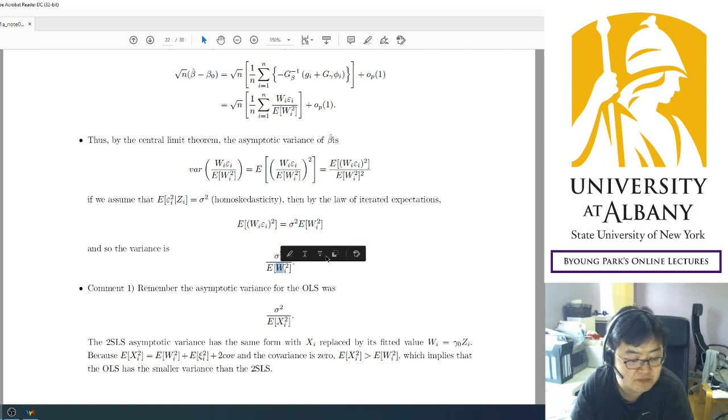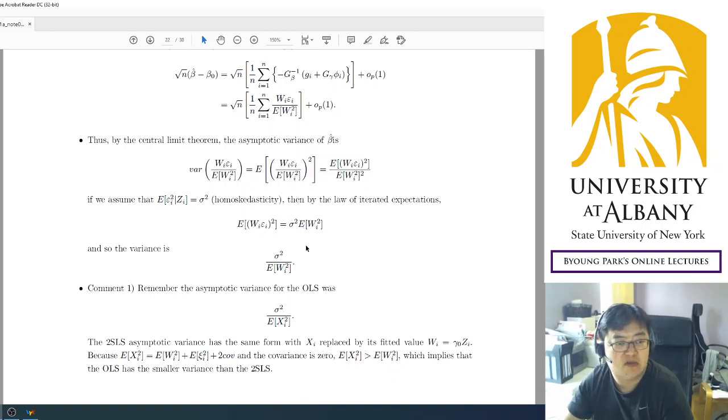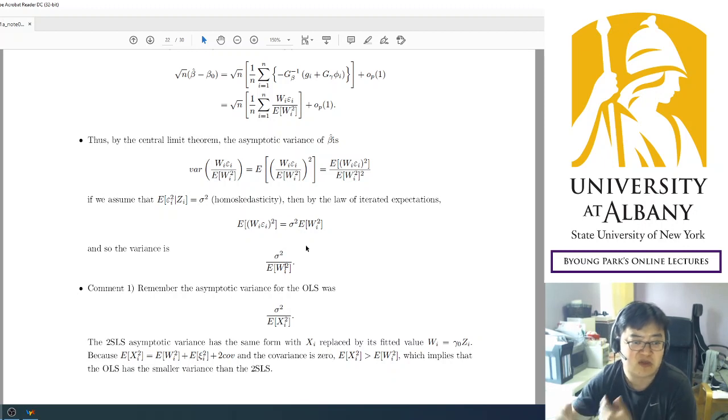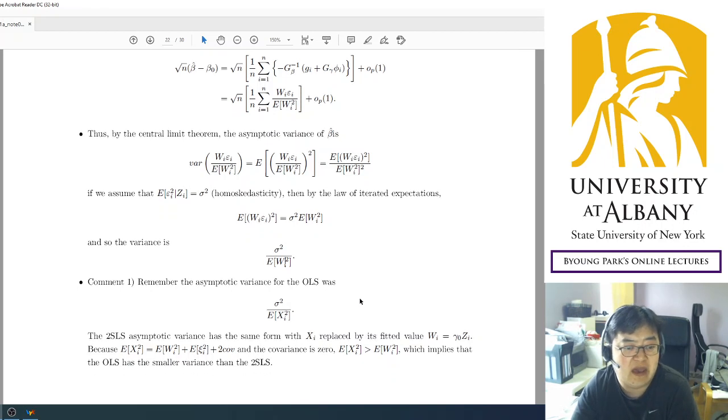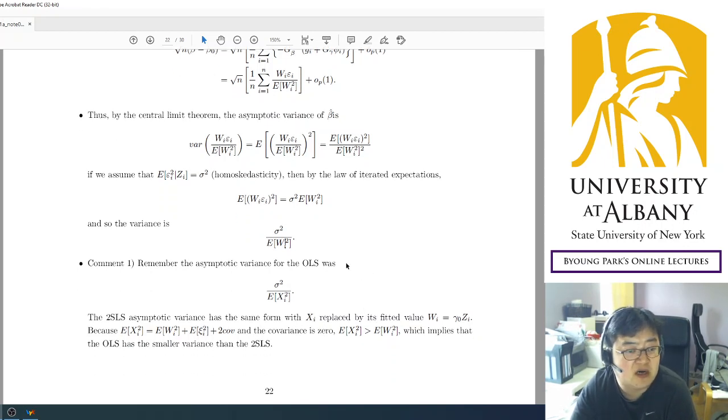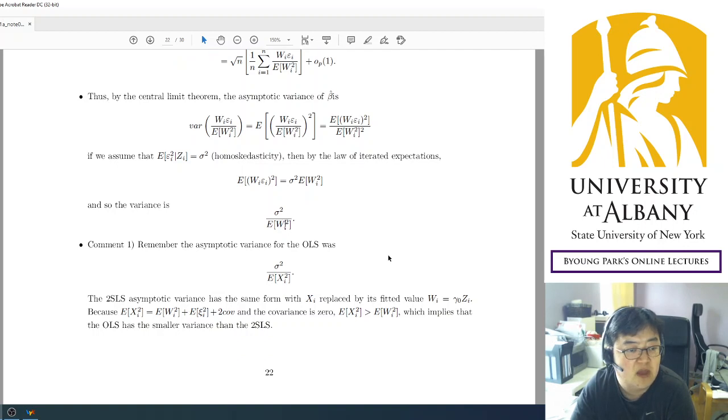The variance of the two-stage least squares has the same difference: x is replaced by its fitted value. And this denominator is always smaller than the OLS denominator, because w is just a part of x, and you can show that.